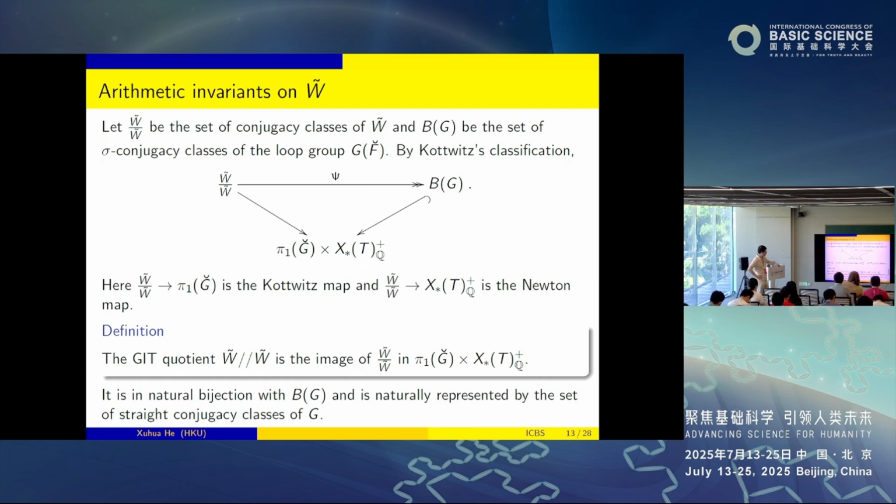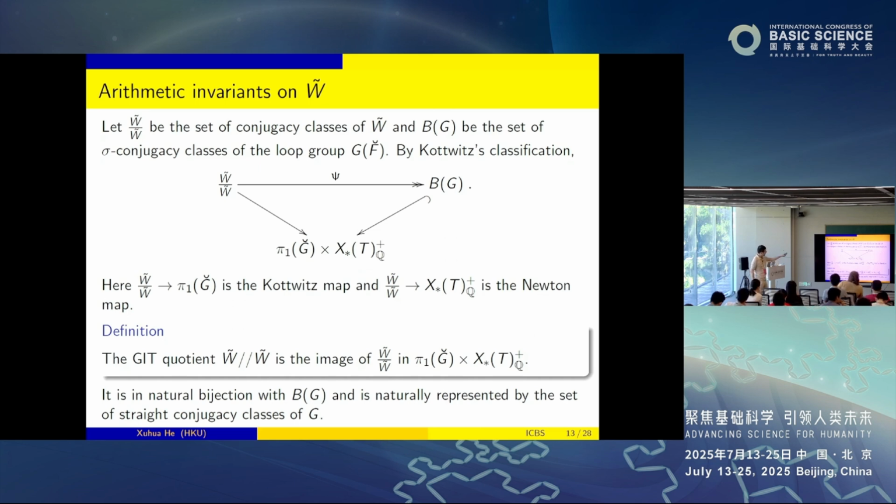We have these two invariants, going to pi_1(G), which is discrete, and to the dominant rational characters. Here we can define the GIT quotient to be the image.